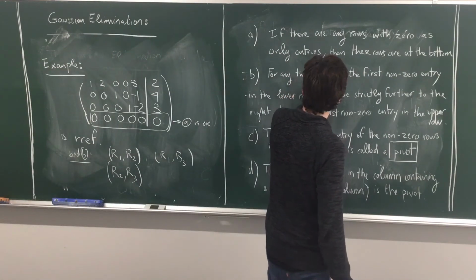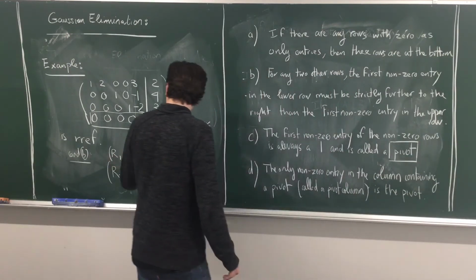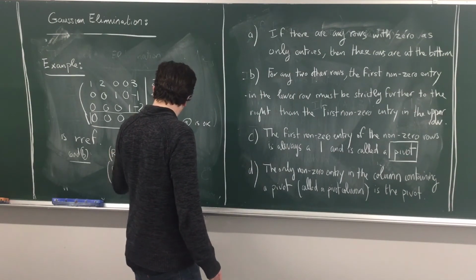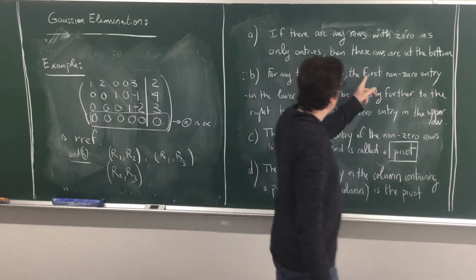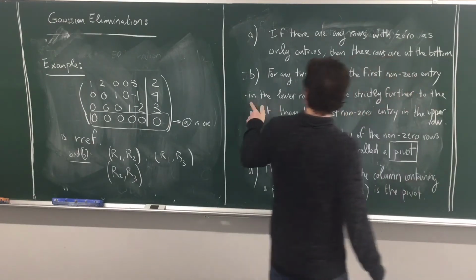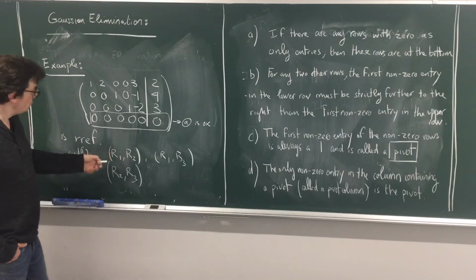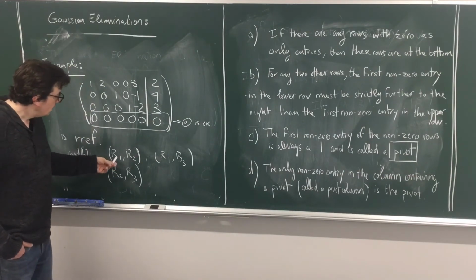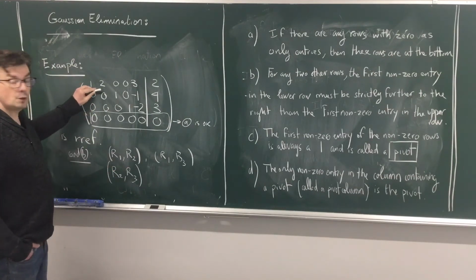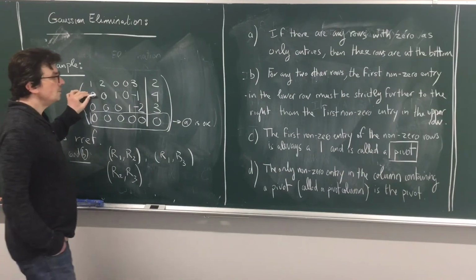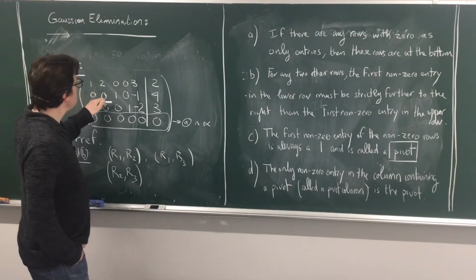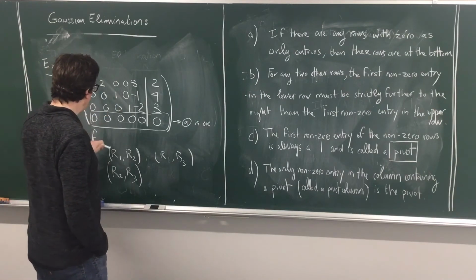For any 2 rows, I consider in each case this pair. The first non-zero entry in the lower row. So if you take a pair of rows, one is lower than the other one. Row 1, row 2: row 2 is lower. So I consider row 1, row 2 here.